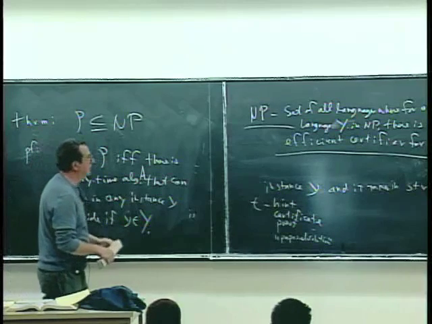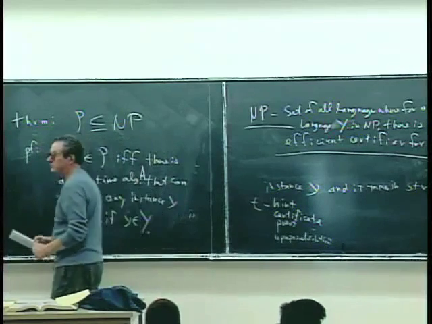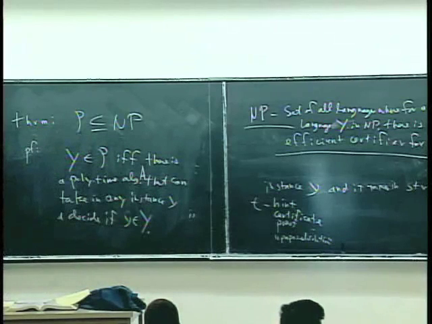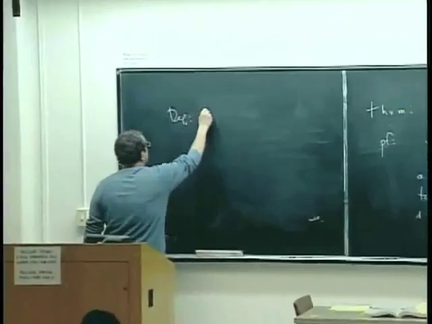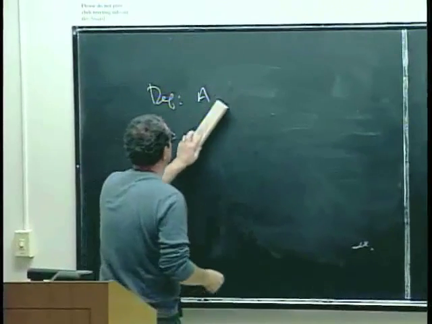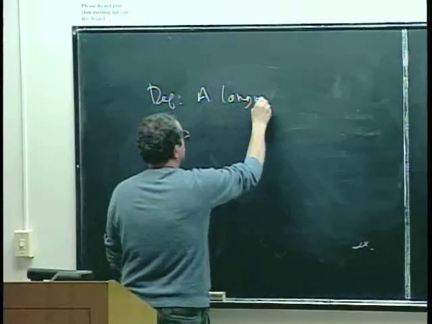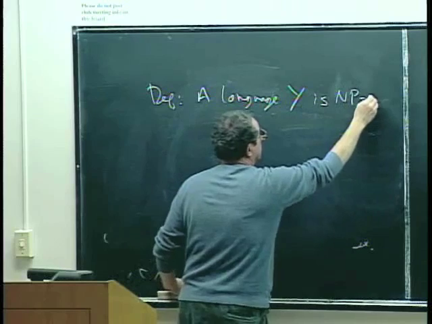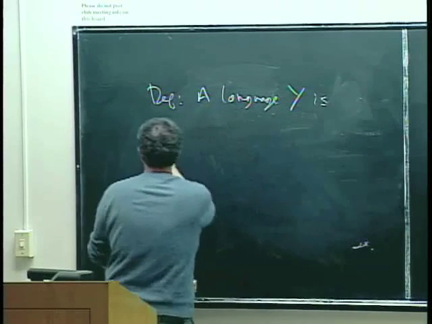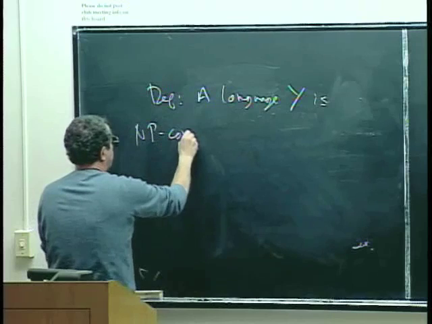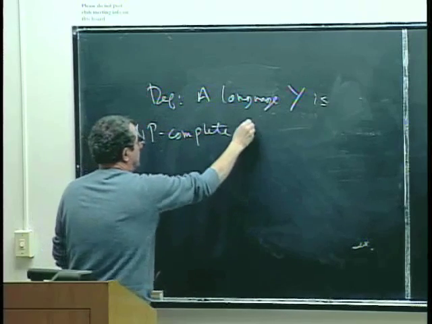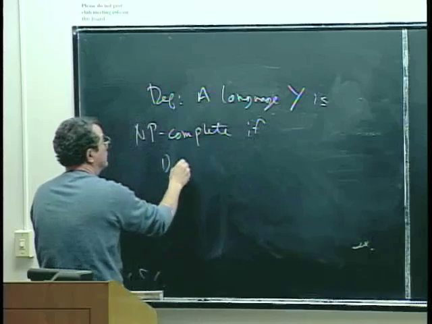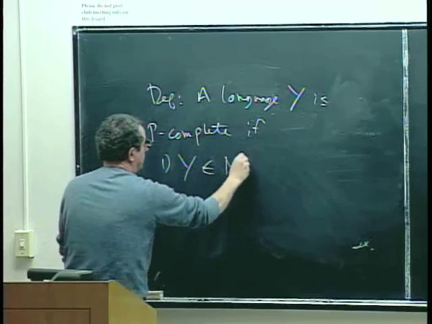Now I want to define NP completeness. We have 1 minute, and that's all we need. Definition: a language Y is NP complete if, one, Y is in NP.